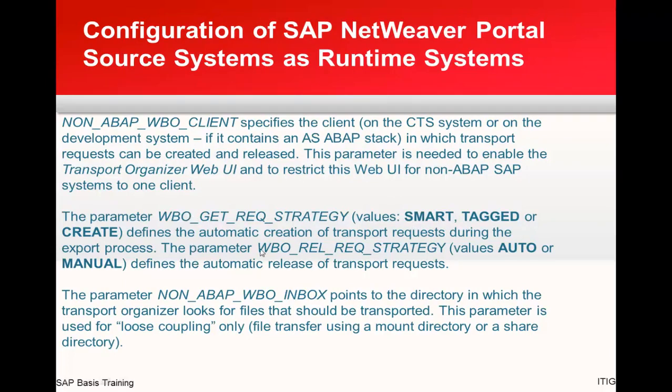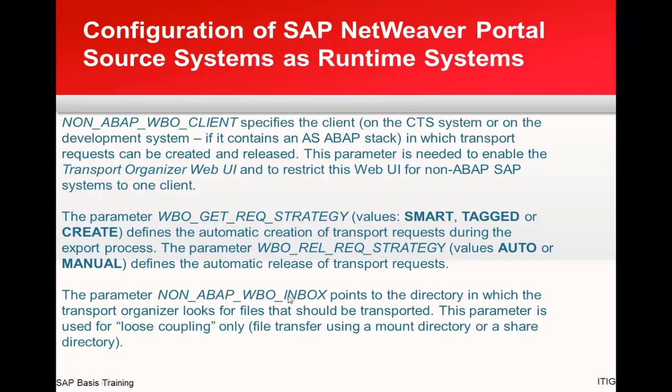This defines the automated creation of the transport request during the export process. The parameter release request strategy, that is auto or manual, defines the automatic release of the transport request. Basically there are two ways it can happen. One is you manually attach the objects. Another is it is taken care of automatically. So it is governed by these two parameters.